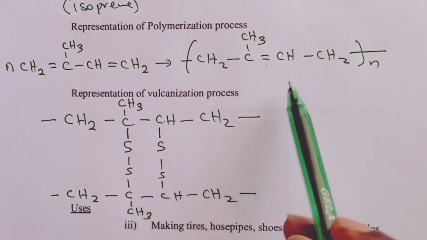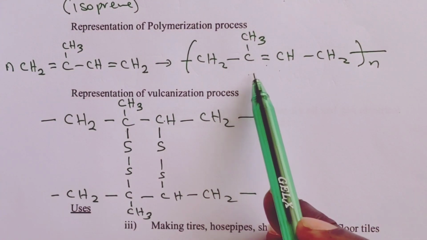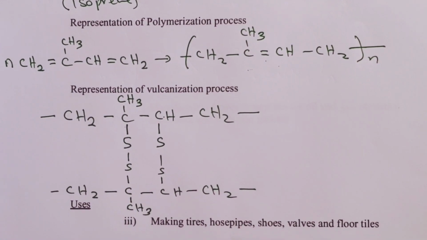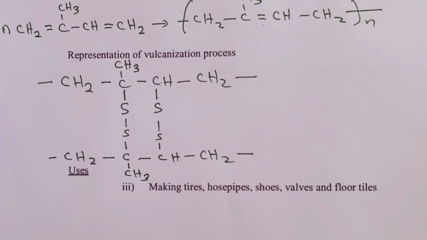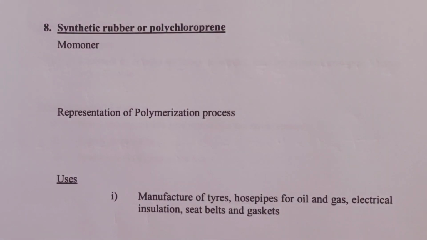And I believe you can see how it works very easily from this point when you break the double bond. Two uses of natural rubber: making tires, of course, after vulcanization, making hose pipes, making shoes, valves, and even floor tiles. Lastly, let us look at rubber that is synthesized in the lab.